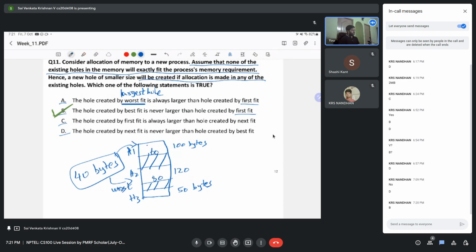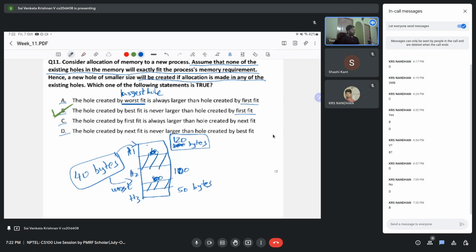Not the case, right? Assume that my first free hole is of size 120 bytes, and this is 100 bytes. Now what happens? Your worst fit will also select this hole only. Your first fit will also start scanning from the first address for the first free hole, and it will allocate that free hole, seeing that 40 bytes can be fitted into 120 bytes.